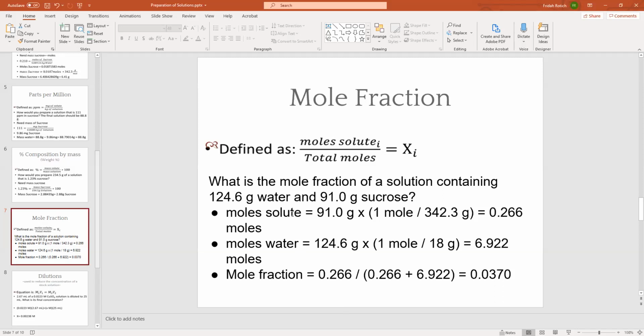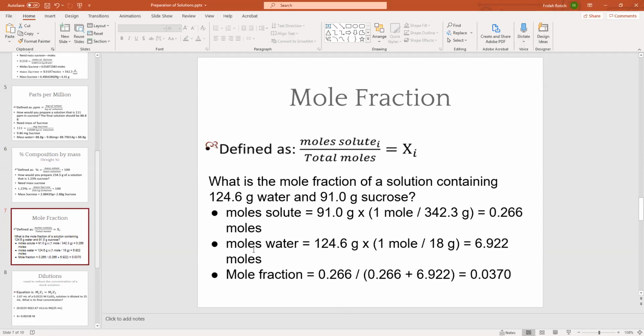So for this one you have to find the moles of solute. So we have sucrose here. We have been given the mass of sucrose, and to find the moles of sucrose, we have to say mass divided by the molecular mass. So that would be 91 divided by 342.3 grams per mole, and that will give us 0.266 moles.